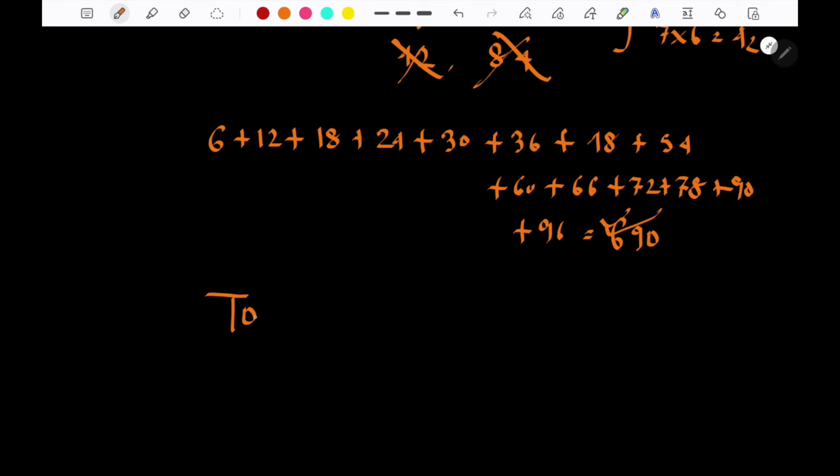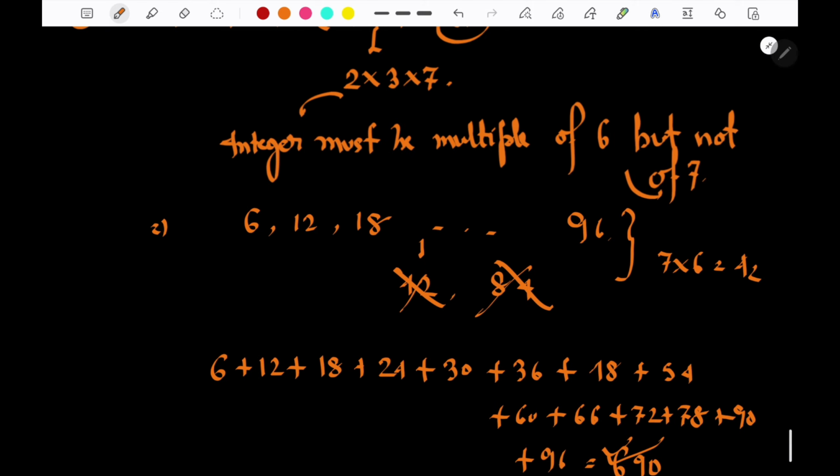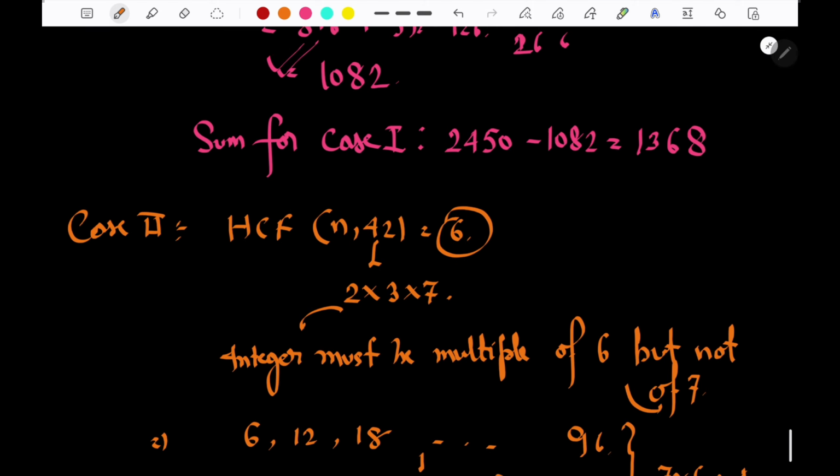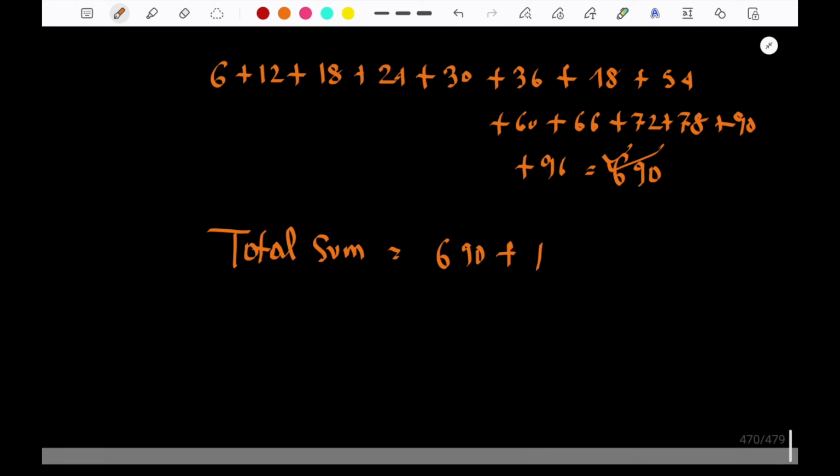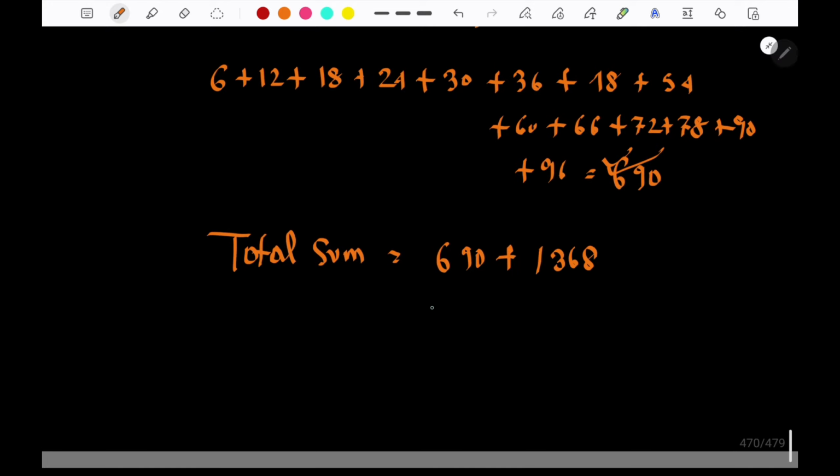Total sum is equal to 690 plus 1368. So basically 2058 is the answer.